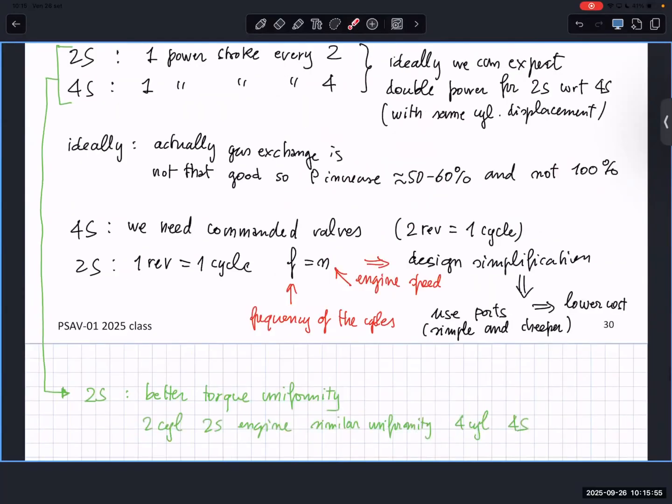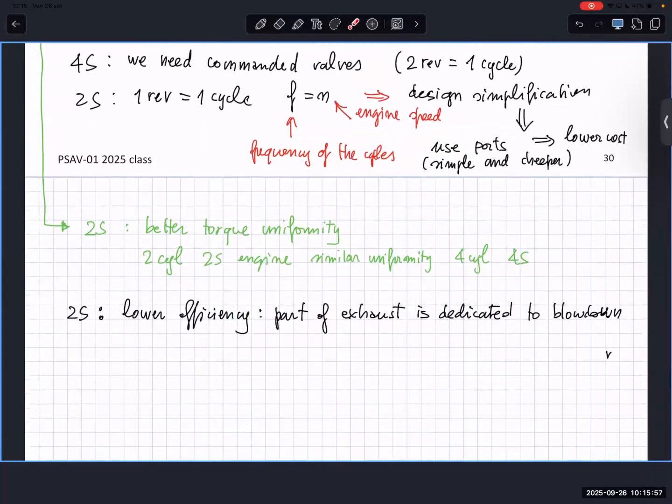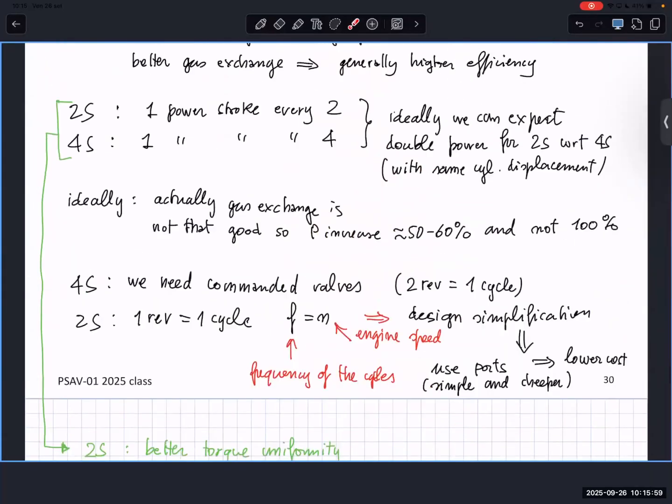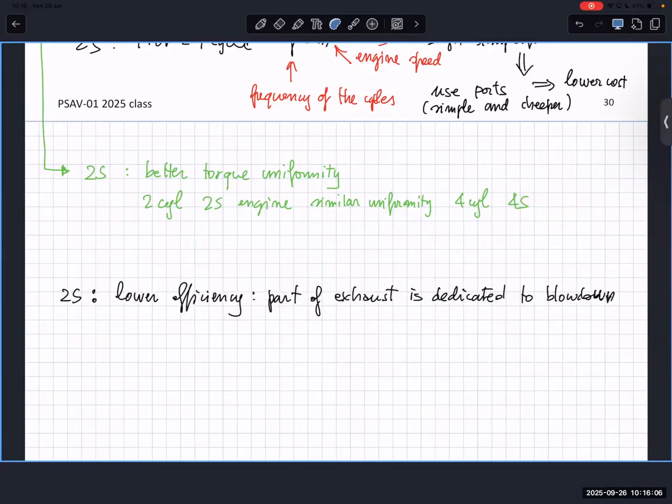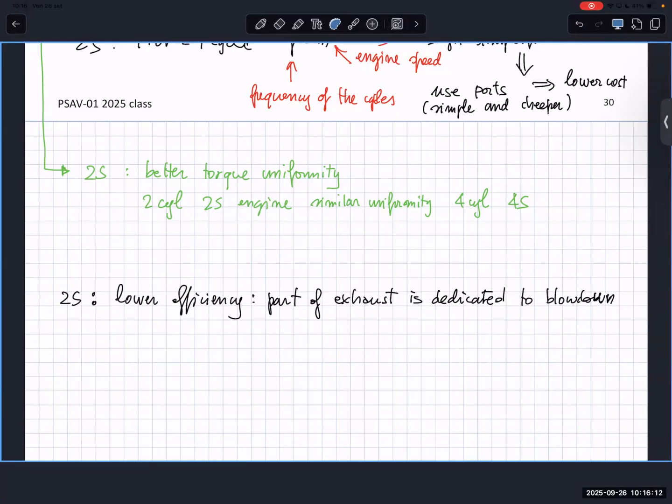Something that is related again to the number of strokes, number of power strokes, is that we have higher thermal loads in the case of a two-stroke engine.